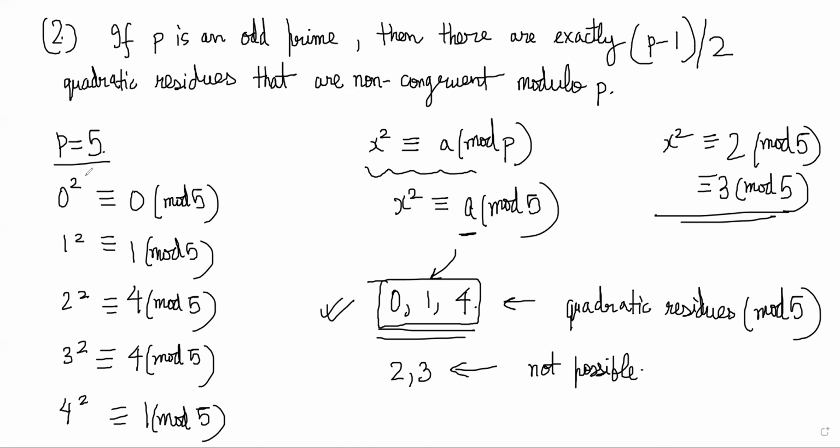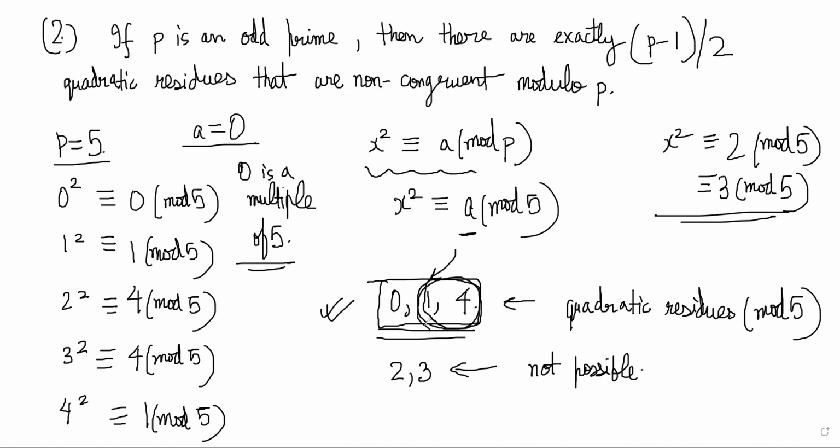We will exclude the case 0, because 0 is a multiple of 5. So we'll exclude this case and say 1 and 4 are the two quadratic residues.